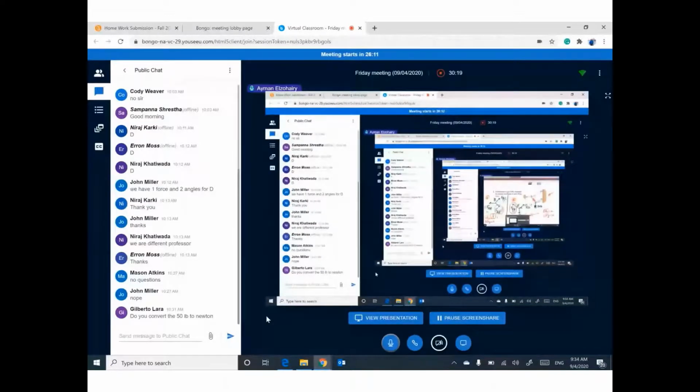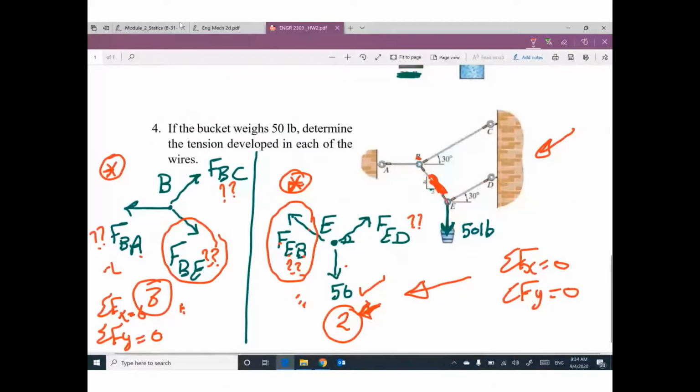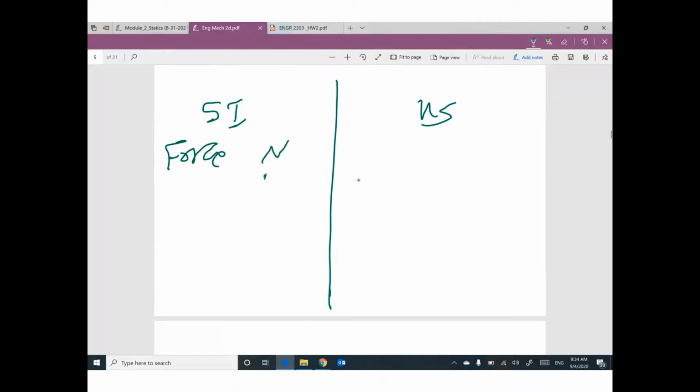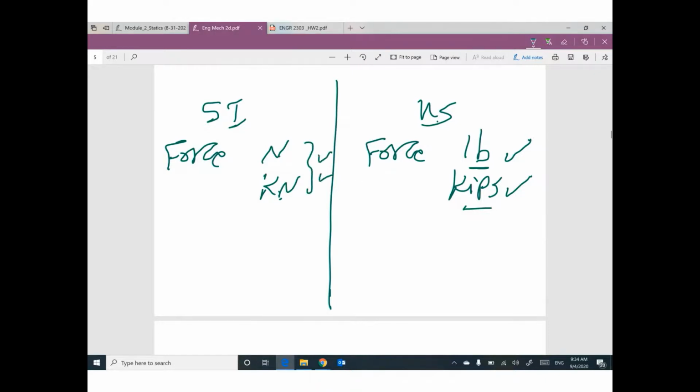Okay, one more time. Guys, if you go back to the first week, the first meeting, we have two kinds of units, SI and US. Your force can be in Newton or kilonewton. In US, your force can be in pound or kip. So if you see your force in pound or kip, that's fine. We don't need to convert anything. If you see your force in Newton or kilonewton, that's fine. We don't need to convert anything.